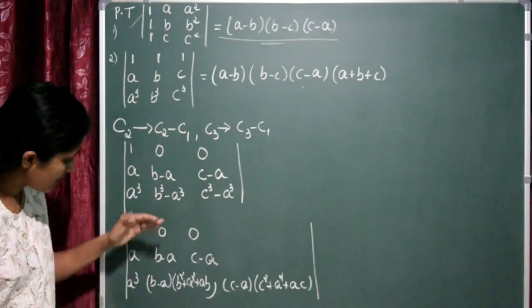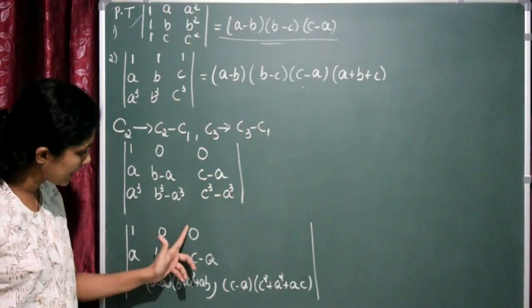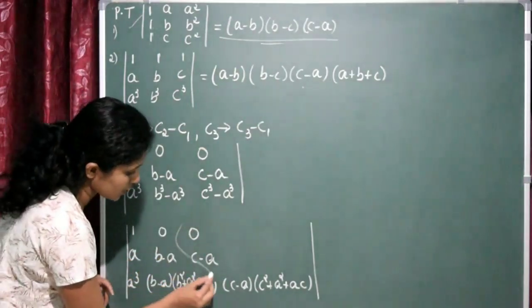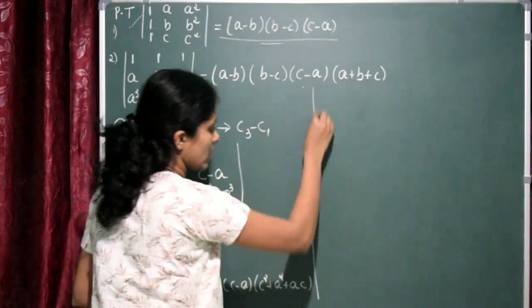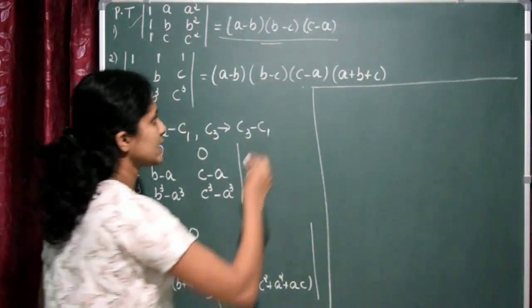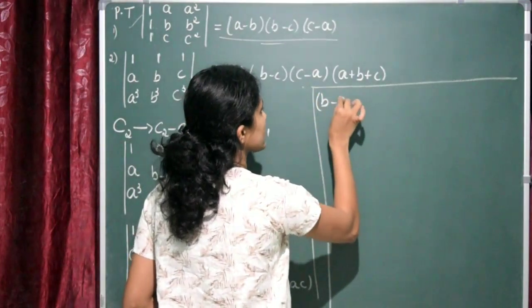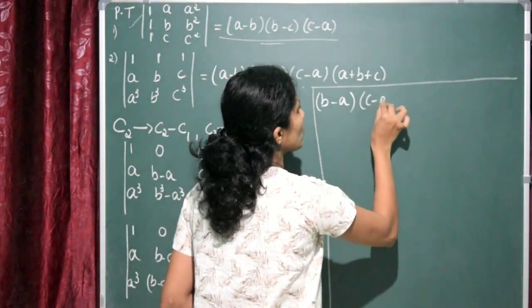Now you can see here in the second column, 0 is there, b minus a is common, and in the third column, c minus a is common. So we'll take that out. So now what is remaining? I'll take b minus a from the second column, and here we'll take c minus a from the third column. What is remaining?